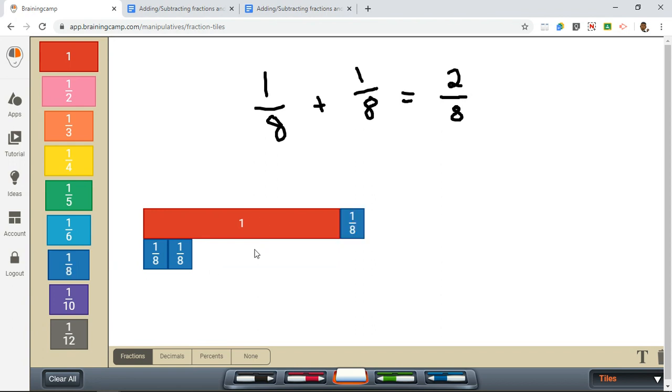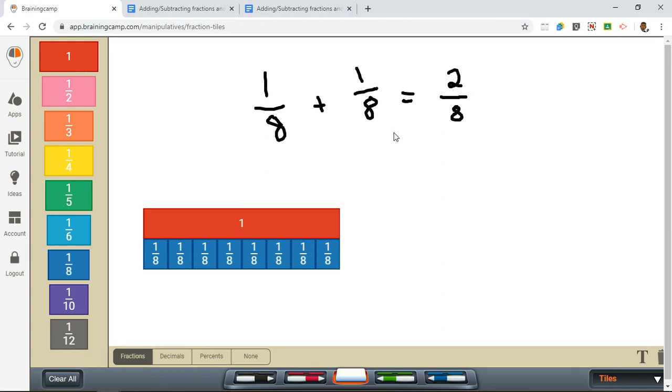Well, let's see. That's 1, 2, 3, 4, 5, 6. So we needed 6 more eighths to make up the entire class. And that is how you got 6/8, which again can be simplified to 3/4.